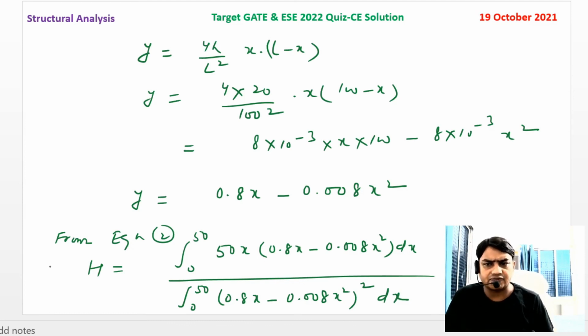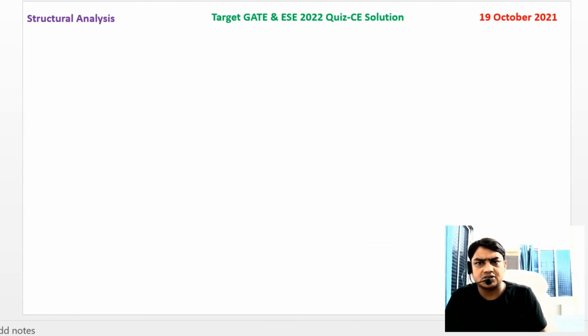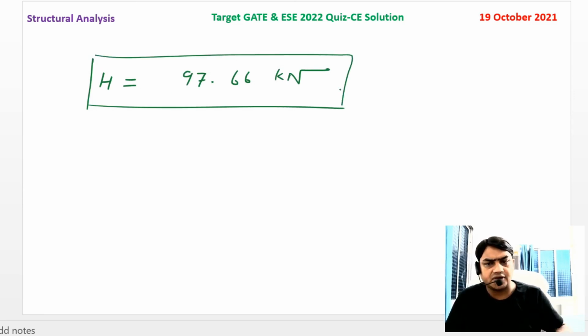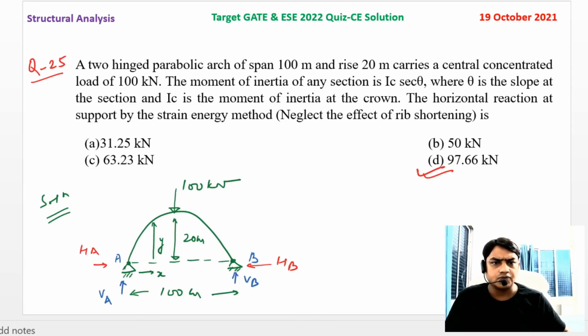If I solve this, the horizontal thrust can be computed as H equal to 97.66 kilonewton. If I match with the options, it is 97.66, so option D is correct.